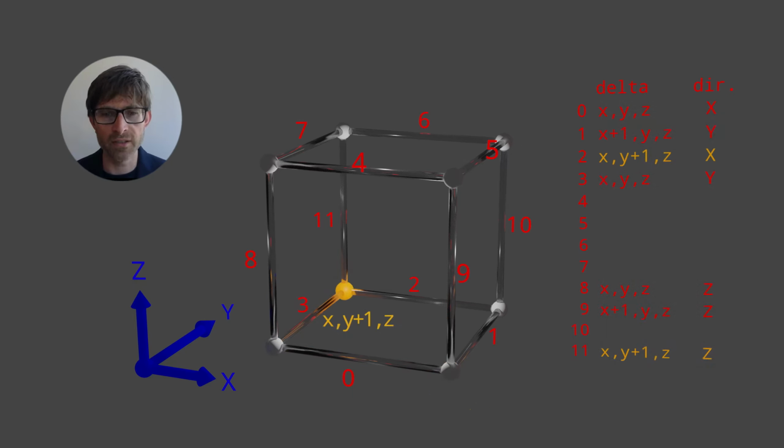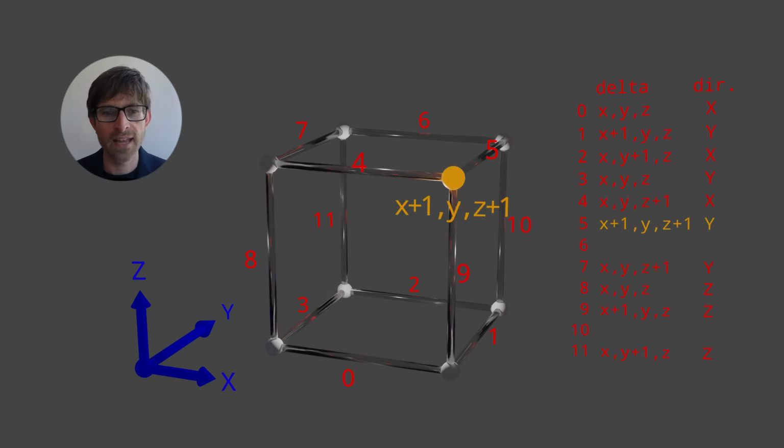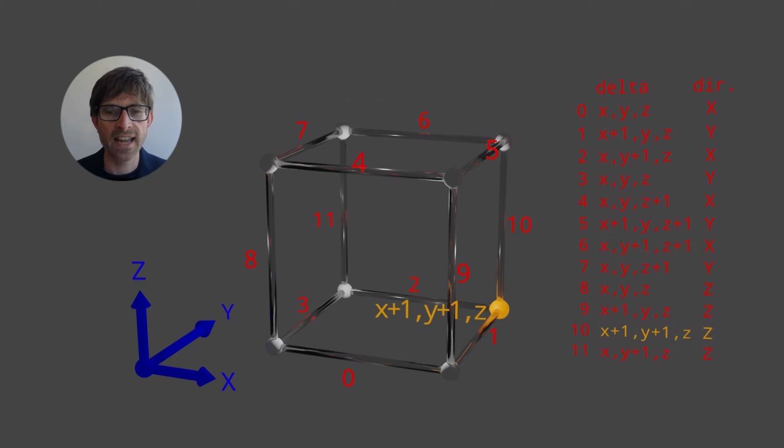Edges 2 and 11 will have IDs given at x, y plus 1, and z, with directions x and z. Edges 4 and 7 will have their IDs given at x, y, and z plus 1, with directions x and y. Edge 5 will have its ID at x plus 1, y, z plus 1, with a direction y. Edge 6 will have its ID given at x, y plus 1, z plus 1, with a direction x. And finally, edge 10 will have an ID at x plus 1, y plus 1, z, with direction z.